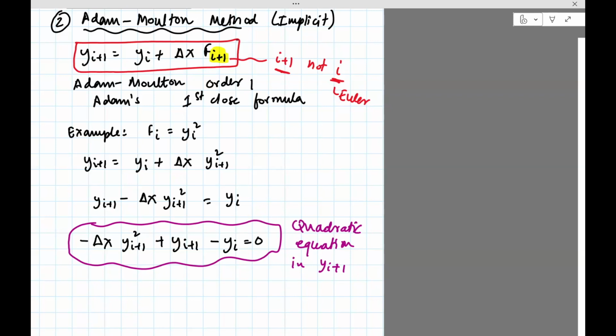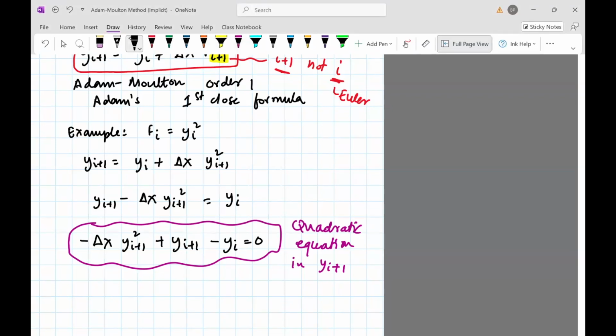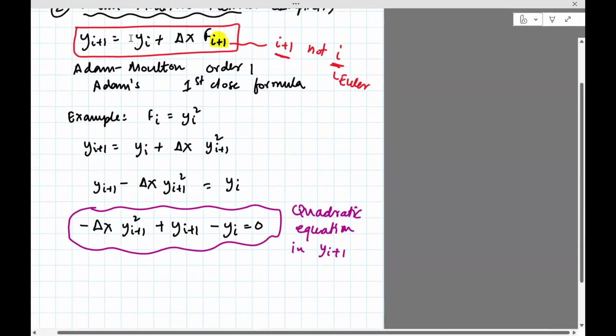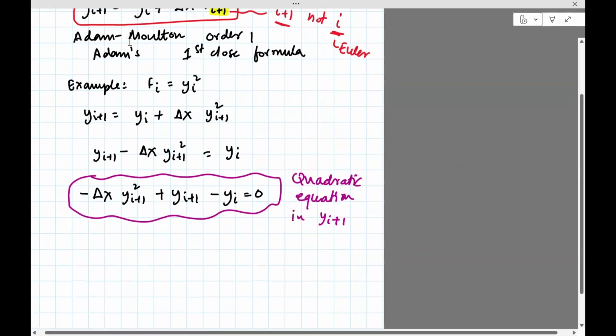But if this was more complicated than y_{i+1} square, it turns out that you cannot solve it with a simple formula. You'll have to use root finding. Many times you'll have to do a root finding on top of this, every step, in order to solve for this. One way of solving this is if you know something special about that equation, like this is a quadratic equation, you can solve it. But the other way is that you just have to use root finding.